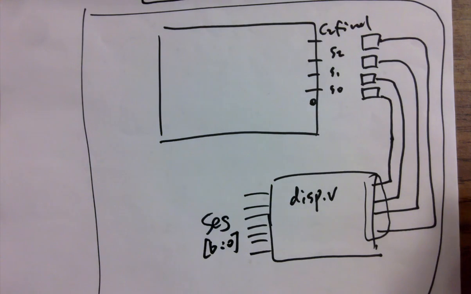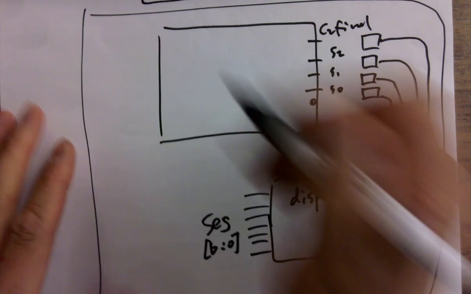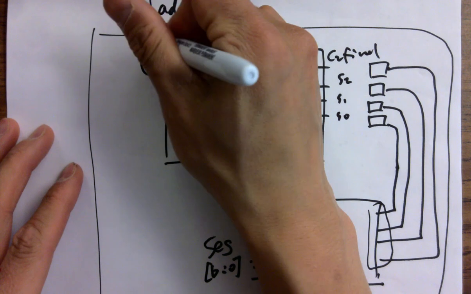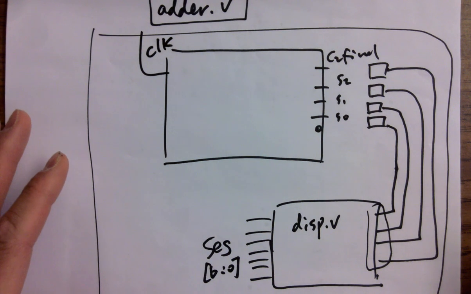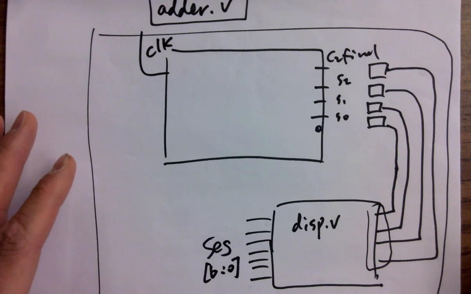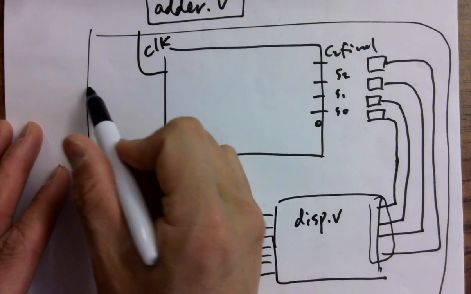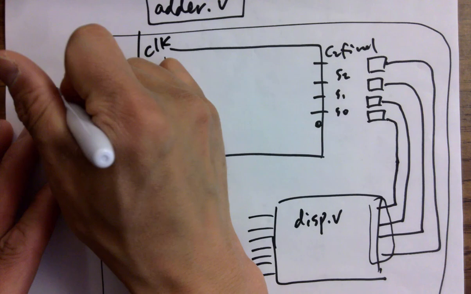And what else is outputting over here from the adder? What else? What are the ports you need? So you need a clock. Usually we do a positive edge, so we use a clock to synchronize everything, every time the inputs change. So when we talk about the inputs, you need the switches.